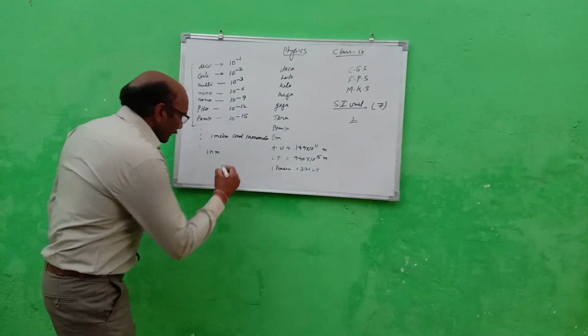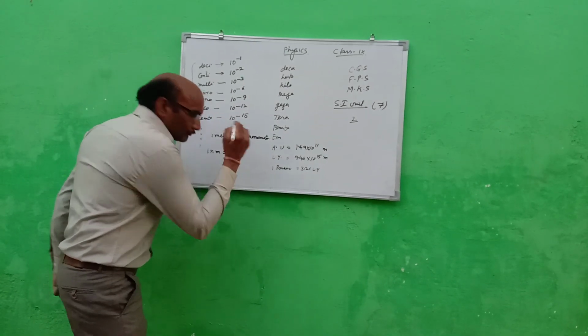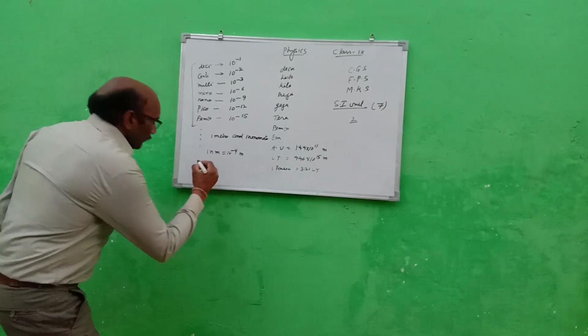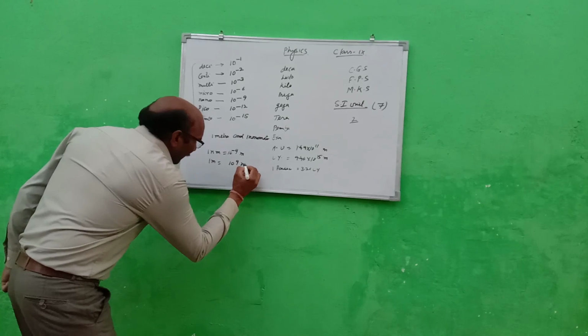So 1 nanometer equals 10 to the power minus 9 meter, or 1 meter equals 10 to the power 9 nanometer.